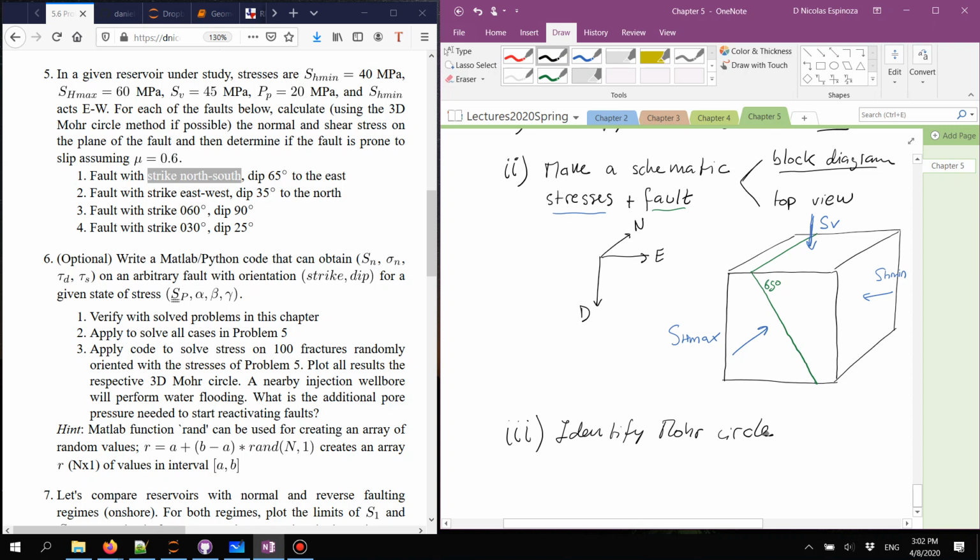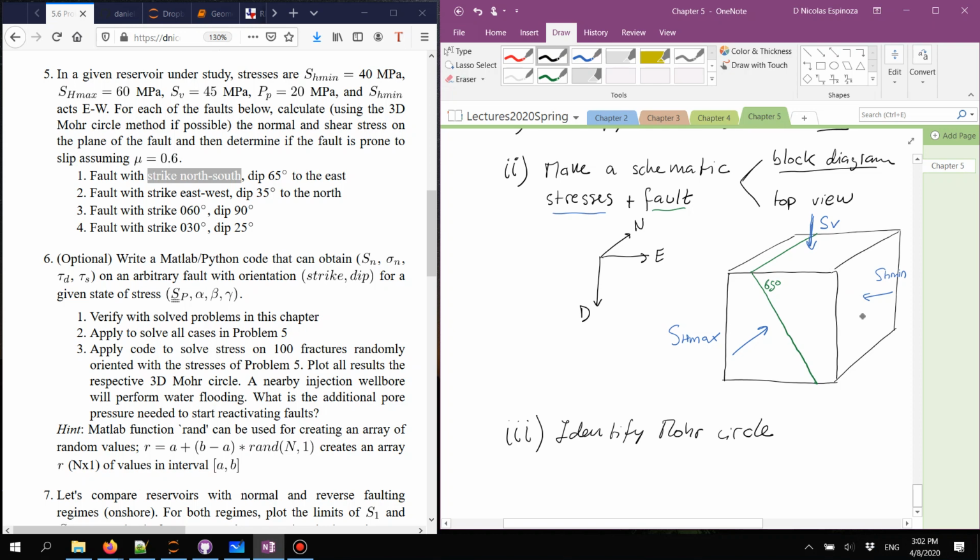Okay, so let's see how we identify that Mohr circle. Remember that in order to use the Mohr circle, we use this particular fault as the combination of the planes that project onto that fault and have a stress which is not zero.